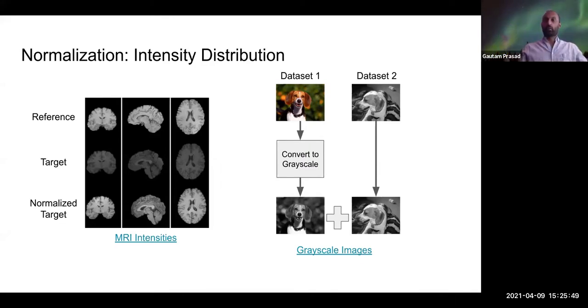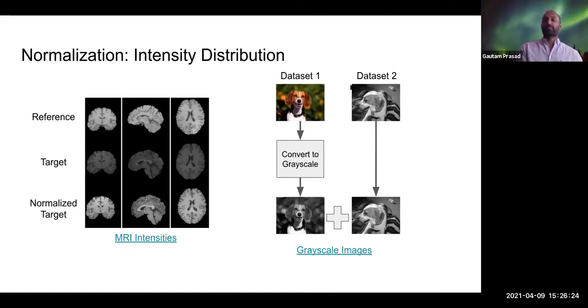And instead of globally trying to match these histograms, we can actually try to match each of those subtypes of anatomical regions and then come up with a more precise transformation between the two. And so you can see the normalized target makes it so that when we compare 2 images from 2 different scanners, we're actually trying to understand some kind of anatomical difference as opposed to an artifact of the processing that was used to create that image.